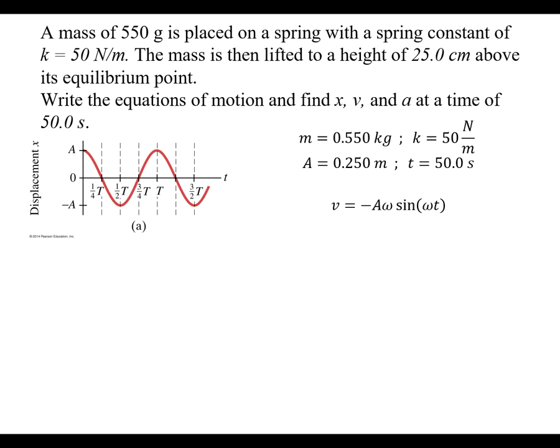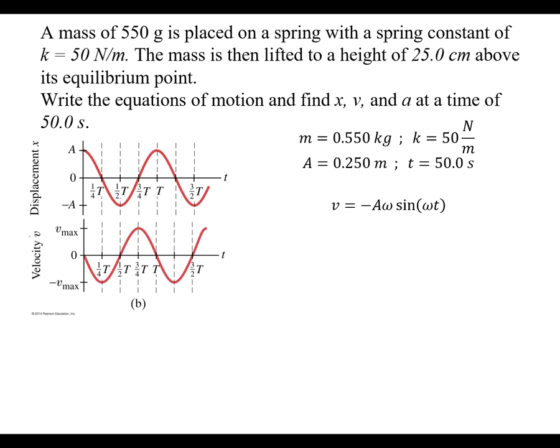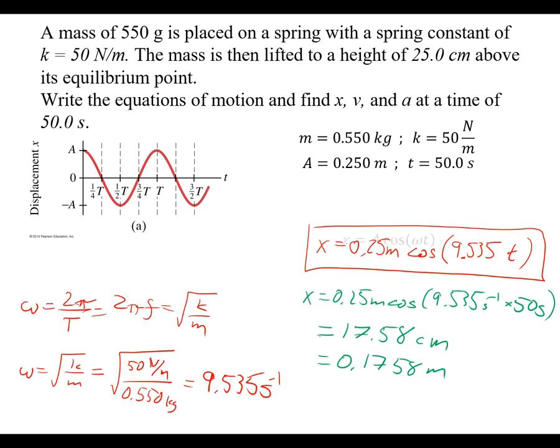So let's talk about velocity. The velocity equation is: velocity is negative A omega sine omega t, and the graph would look something like this. All right, we do know what omega is. Remember that we got that last time. It was 9.535 inverse seconds.